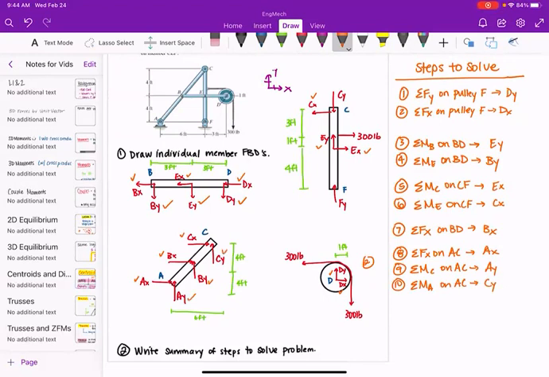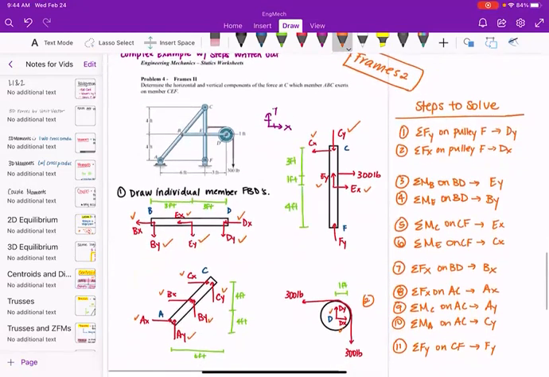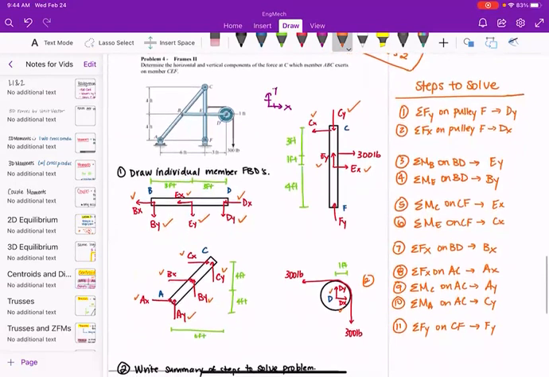So now I have those two, and now AC is done. So the only other thing I have to do, now that I have CY, is the sum of the forces in the Y direction on CF, and that will get me FY.